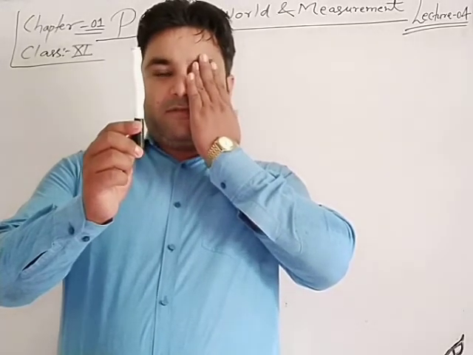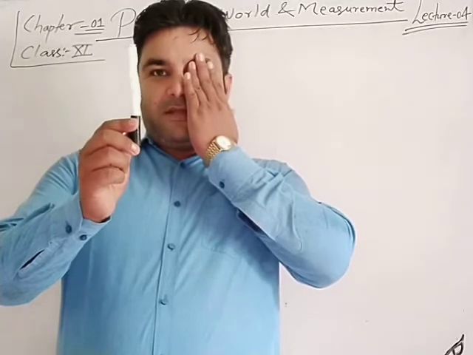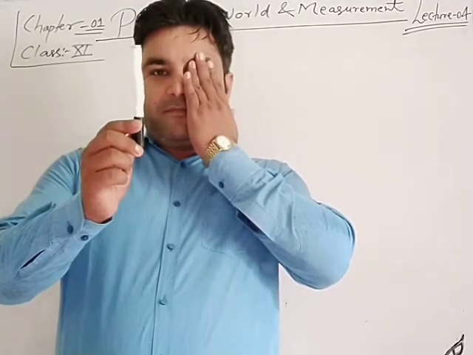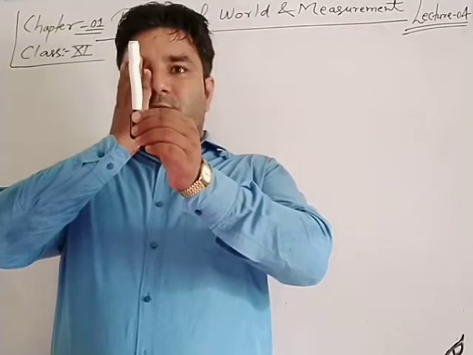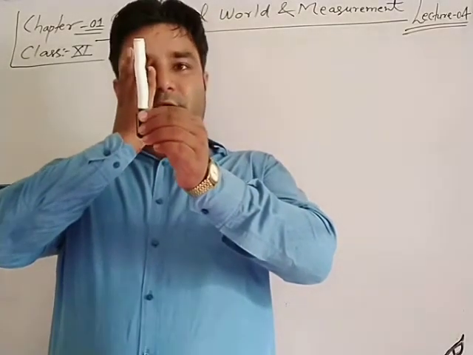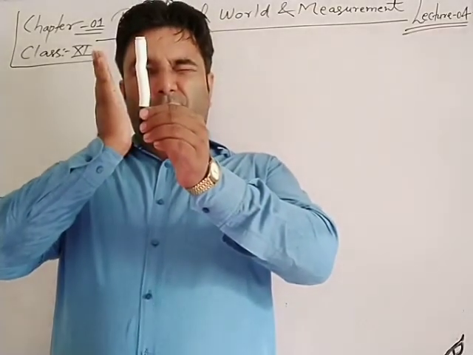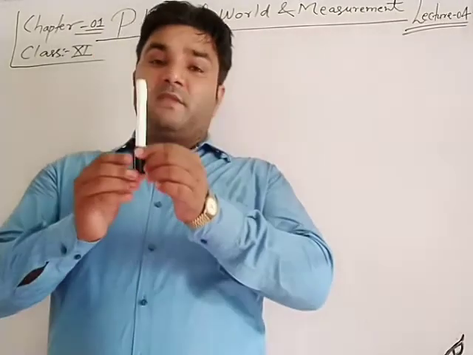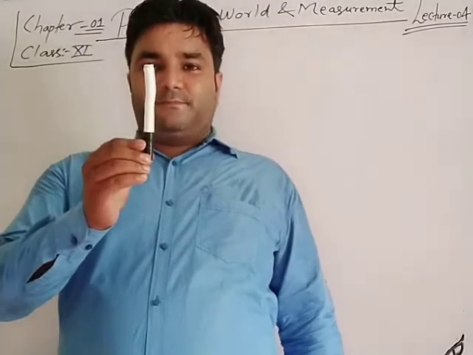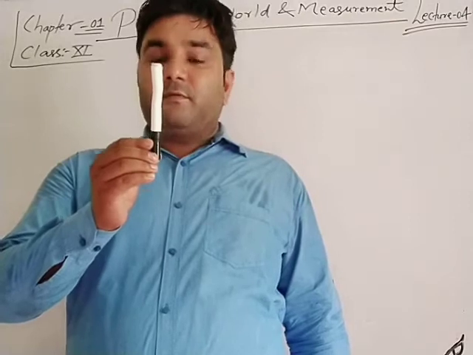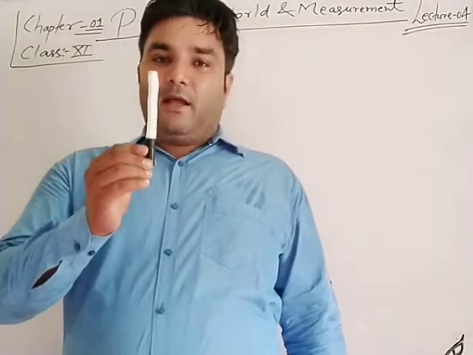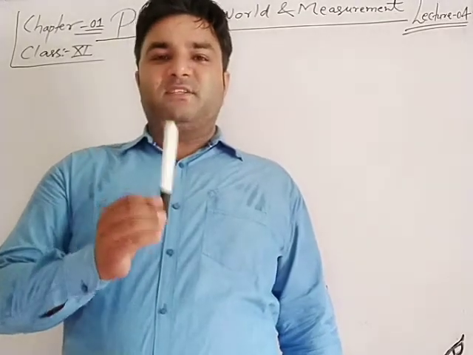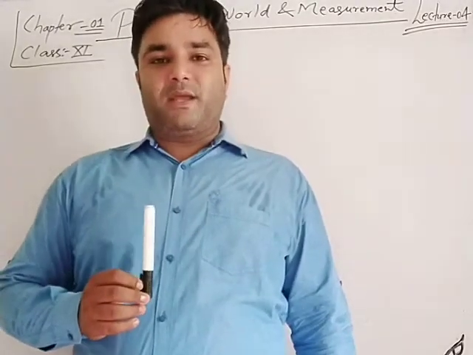When we close the left eye, this one shifts towards left, and when we close the right eye, this one shifts towards right. It means the shift in position of any object when we view with two eyes, keeping one eye closed, is known as parallax.